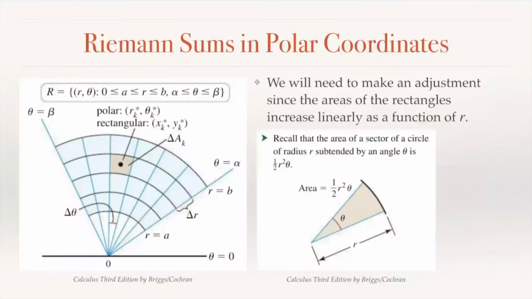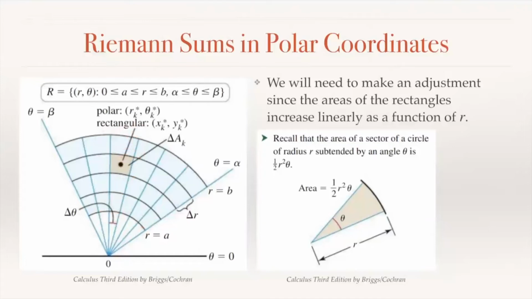In Cartesian coordinates, the various rectangles in a regular grid would all have the same areas in the Riemann sum. However, if we make a regular grid in polar coordinates, then the areas of these rectangles are increasing as r increases, as you can see.